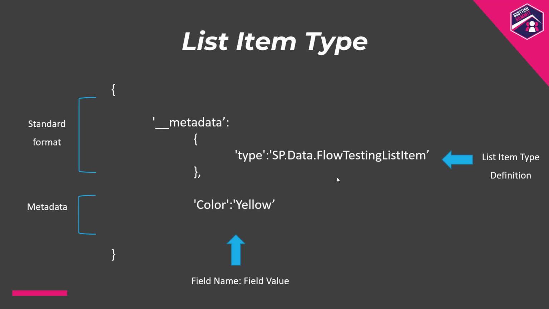So remember, we have a standard format with the list item type definition, the thing that tells me what list I'm working against. And then we have a second section for the metadata that we are updating in that particular list. Now, all of this might seem a little confusing, but inside of Power Automate, we don't actually have to get this metadata type definition, this list item type definition. This is something that you would be familiar with if you had been working inside of SharePoint as a developer previously.